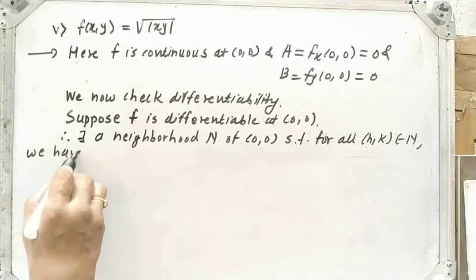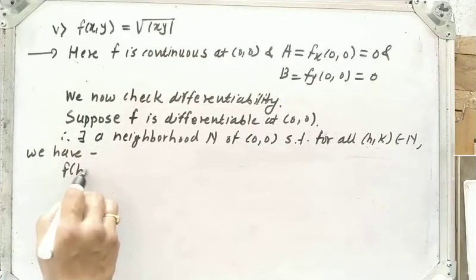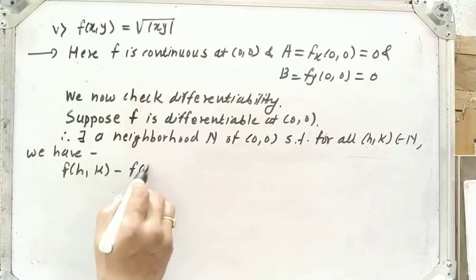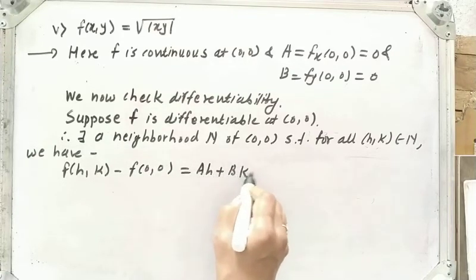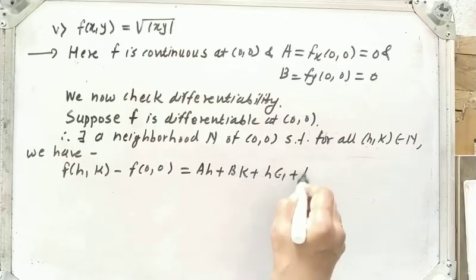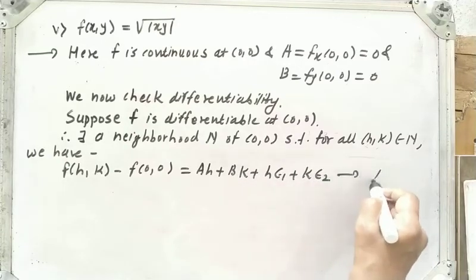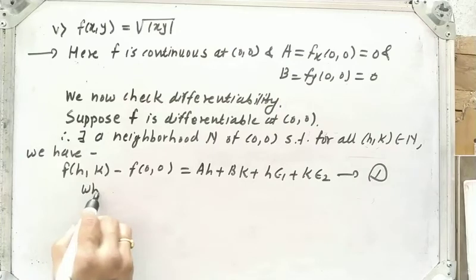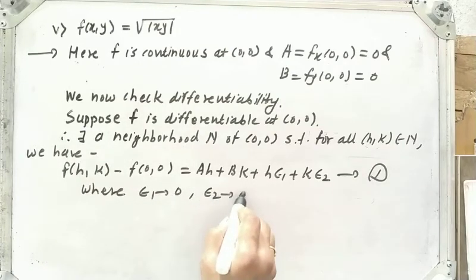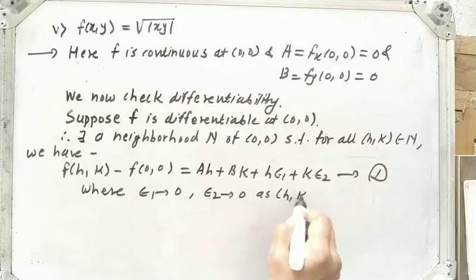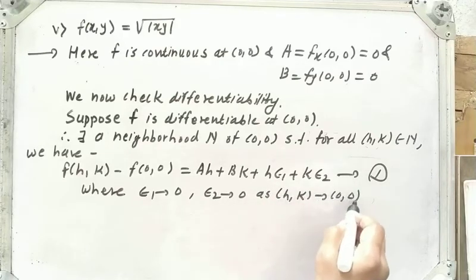We have f(h,k) minus f(0,0) is equal to ah plus bk plus h epsilon 1 plus k epsilon 2. Let us call it equation 1, where epsilon 1 tends to 0 and epsilon 2 tends to 0 as (h,k) tends to (0,0).